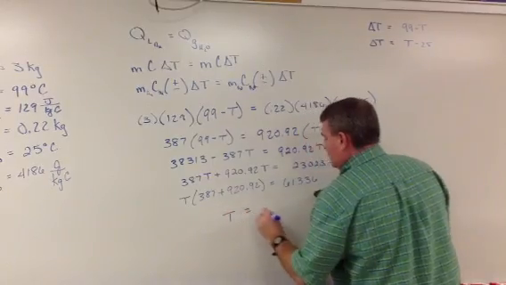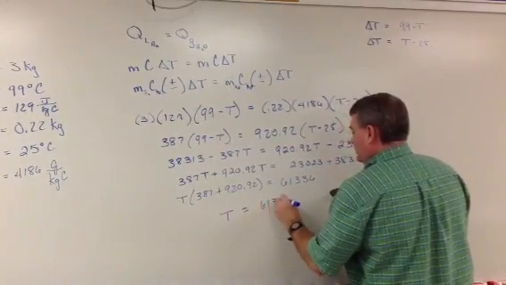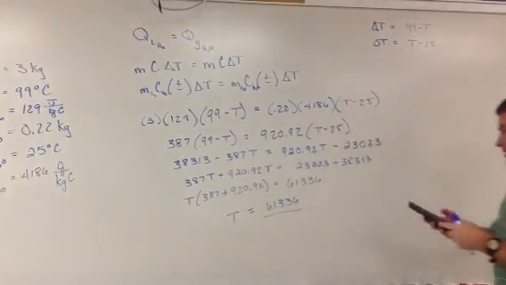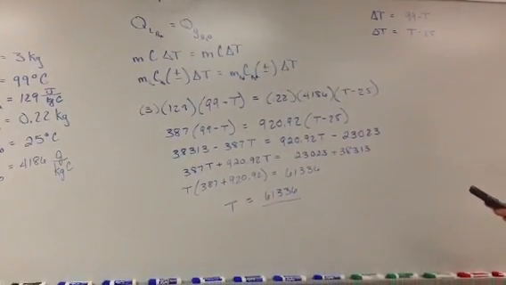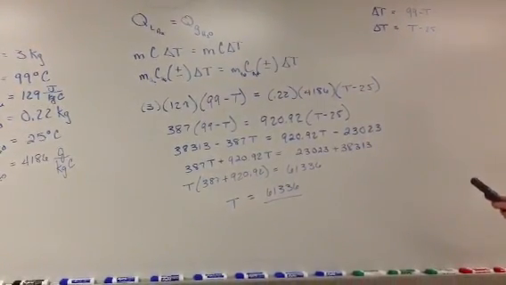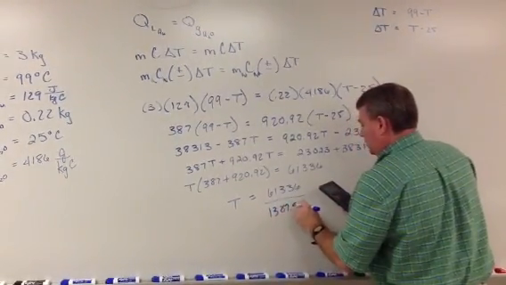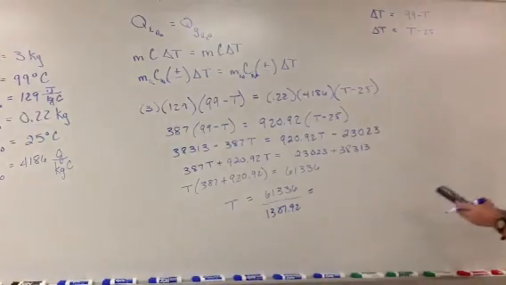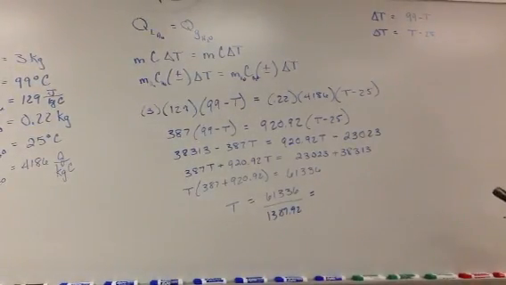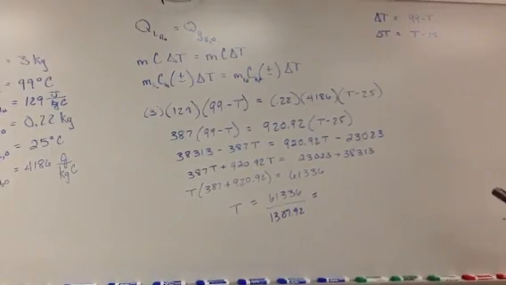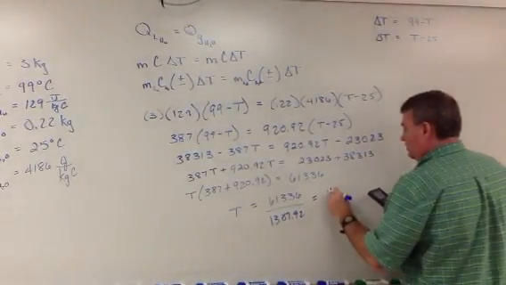And then T is going to be equal to 61,336 divided by that plus that. So 387 plus 920.92 gets me 1307.92. 61,336 divided by 1307.92 is 46.89.